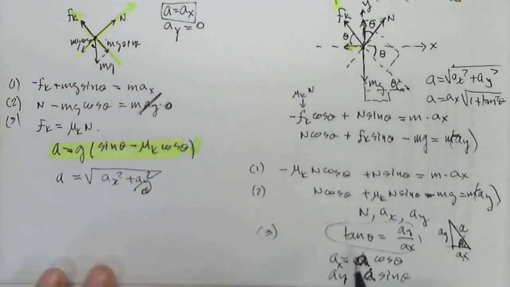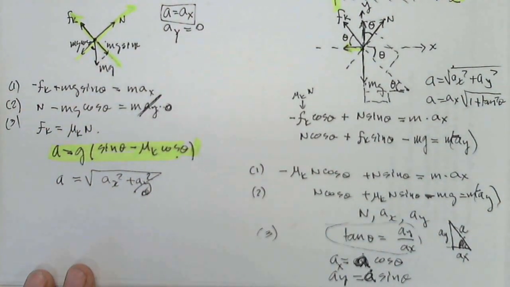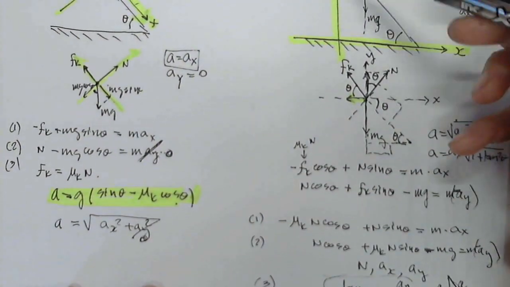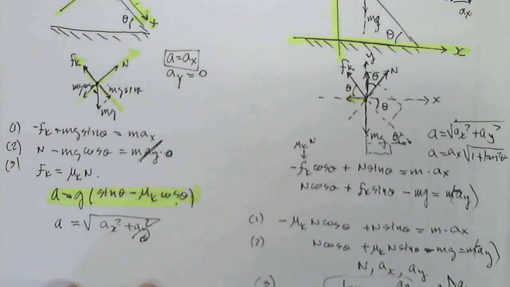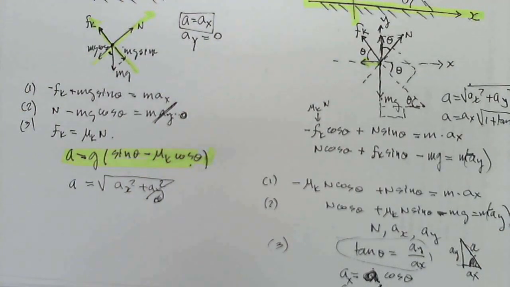This value of a is supposed to be this, because the magnitude of the acceleration is an invariant, it does not depend on your choice of the axis.